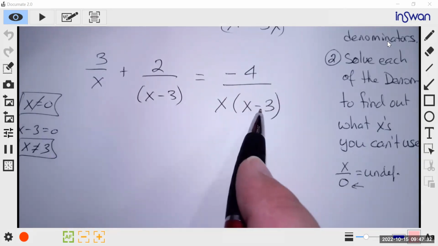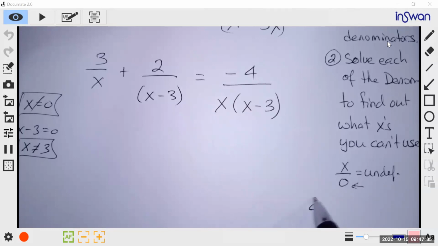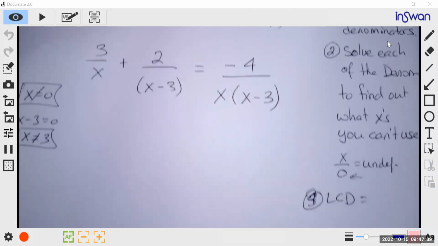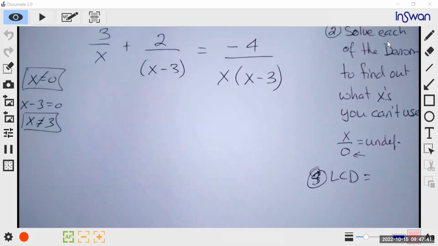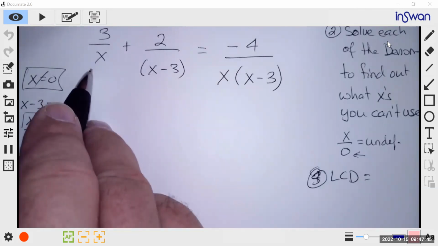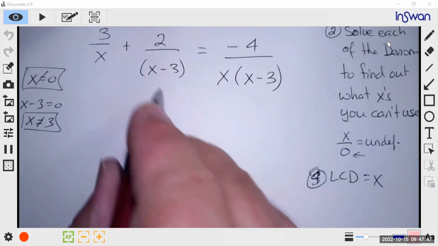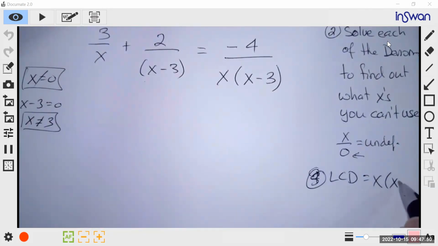Now, since I have them all factored, now I can do the LCD thing. What's my LCD? x and x minus 3, I should say. Those are all the denominators.